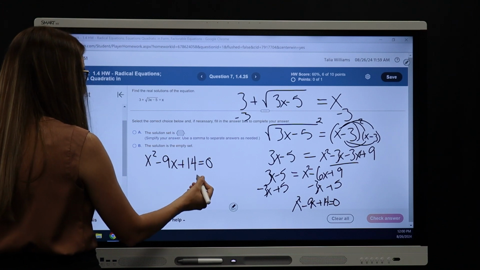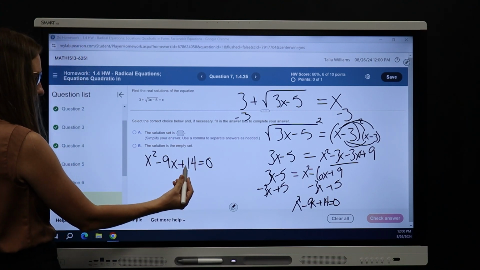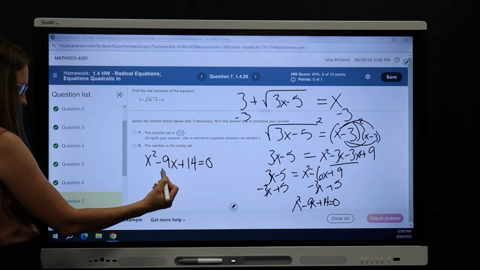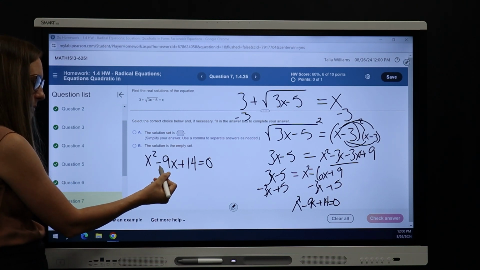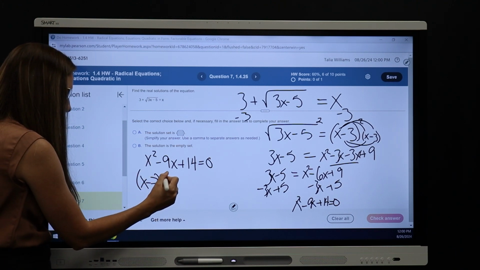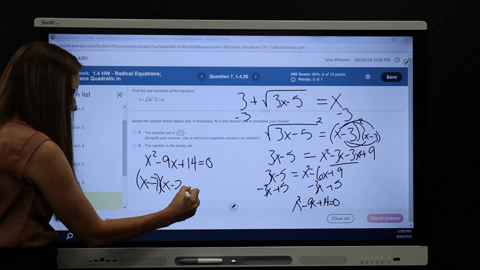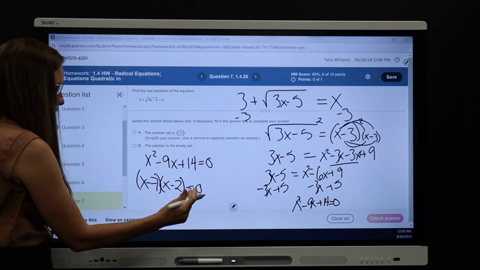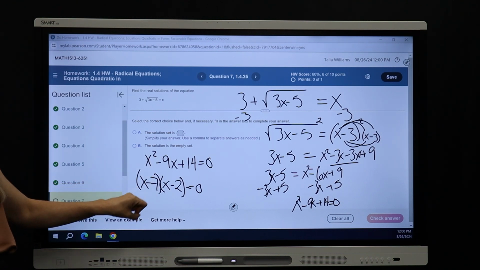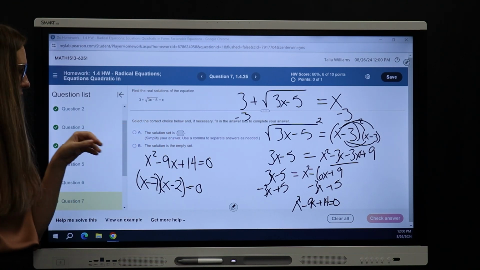So 7 and 2, 7 times 2 is 14. 7 plus 2 equals 9. Whenever it's a plus sign, remember they both have this first sign, so I'm going to have x subtract 7 and x subtract 2 equals 0, because negative 7 and negative 2 equal negative 9, but negative times that negative gives us that positive 14.